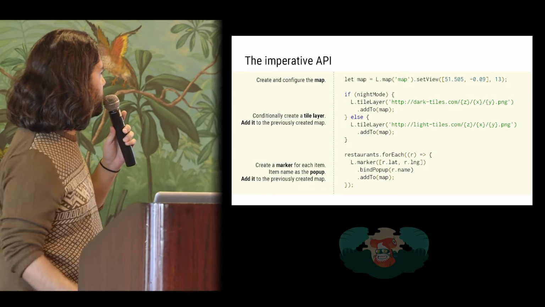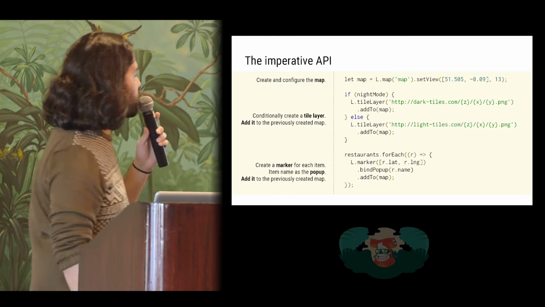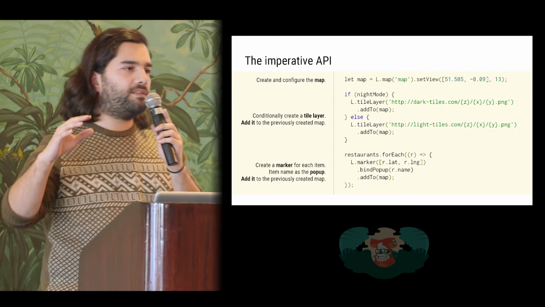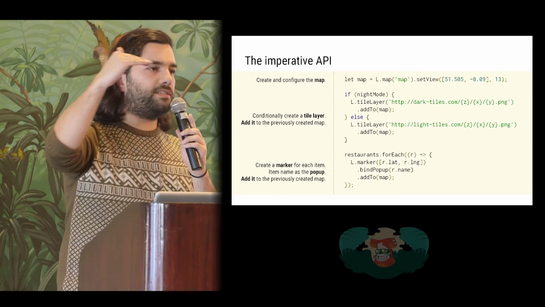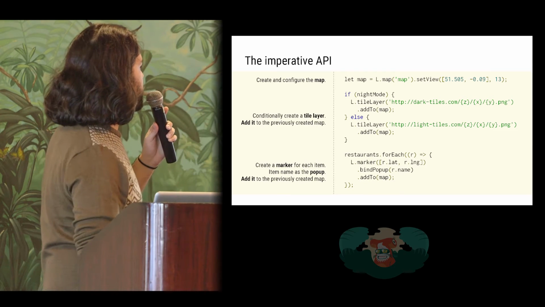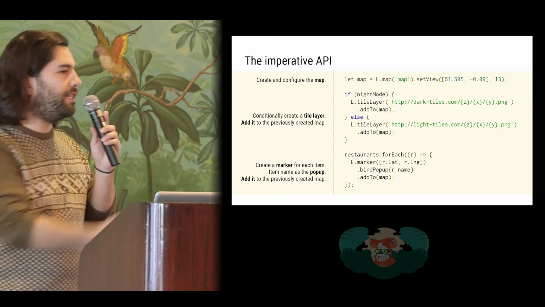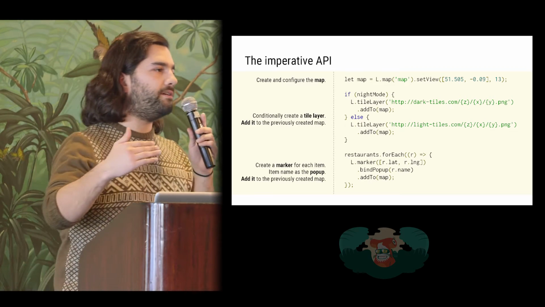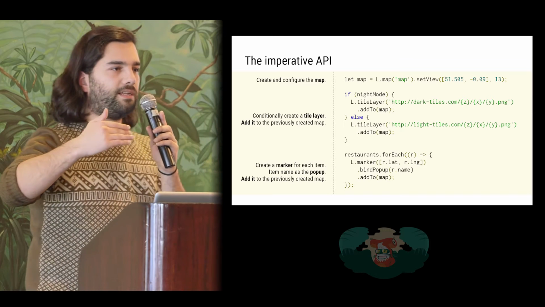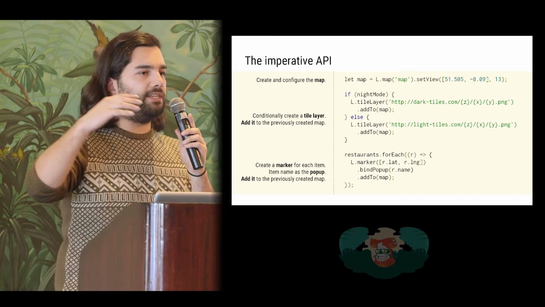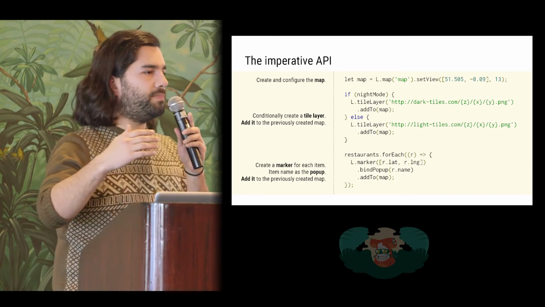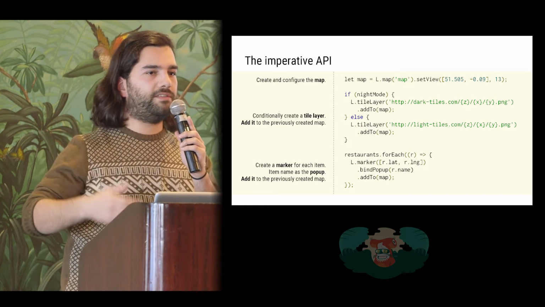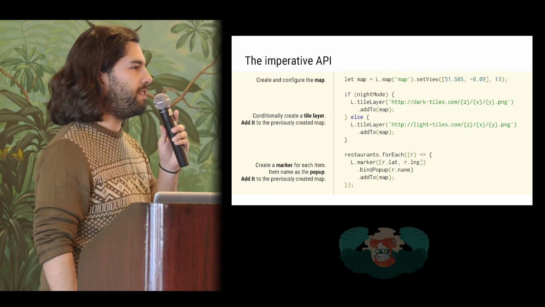Next, Leaflet has this concept of layers. You create a map, then you put layers on it. We're conditionally creating a tile layer. The tile layer is the layer where your tiles are. Tiles are basically bitmaps, images, that display the streets and the names and all sorts of things.